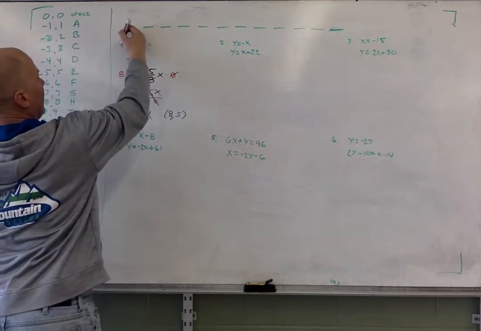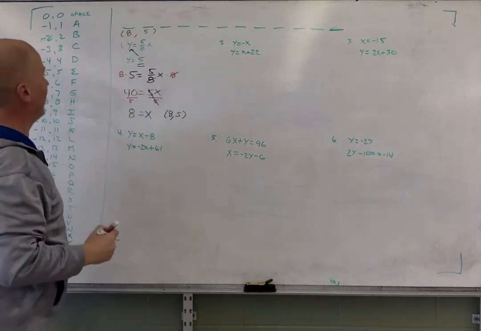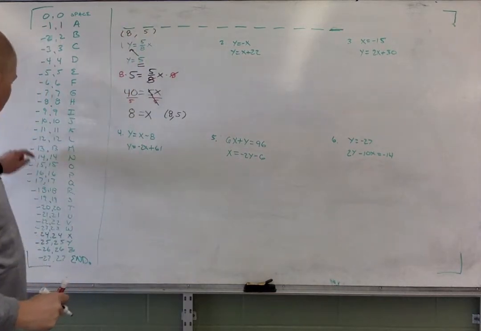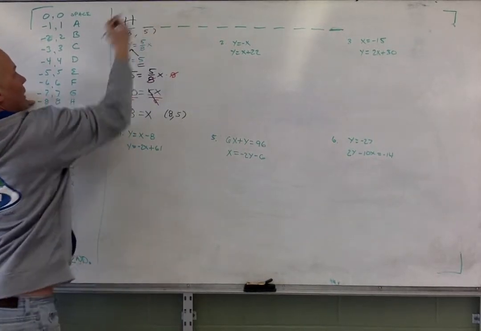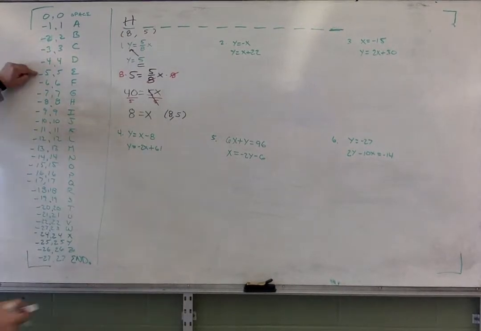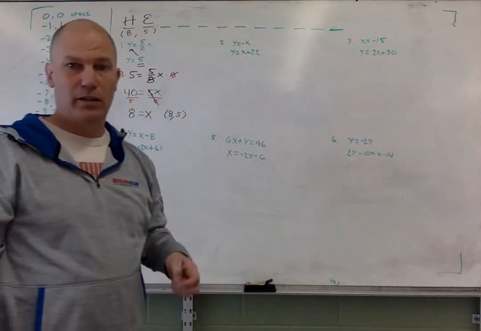So that means 8 goes here and 5 goes there, right? Just like our xy pair. And we can look over here and find that 8 is, why am I struggling? H. 8 is H. And 5 is E. And we're done with that one.